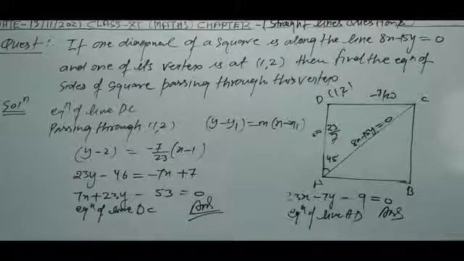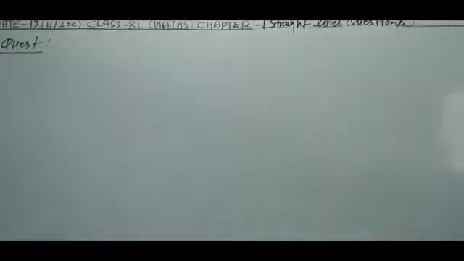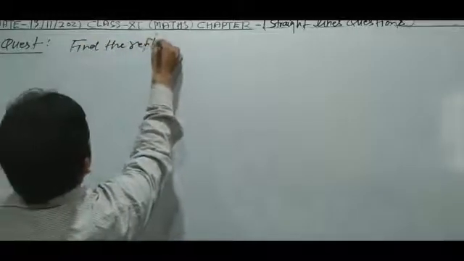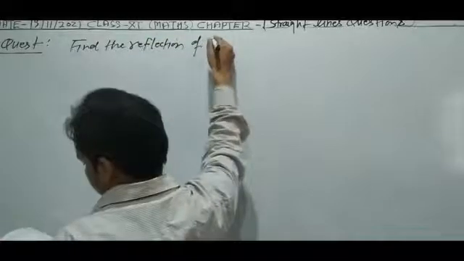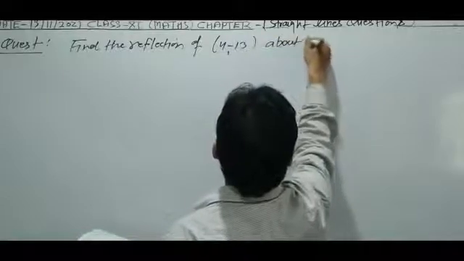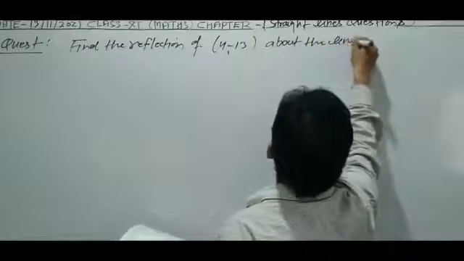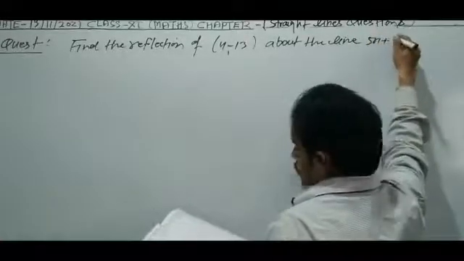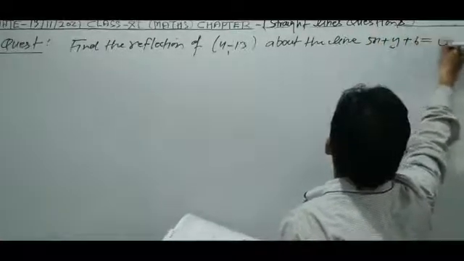The next question, question number 2, is: find the reflection of (4, minus 13) about the line 5x plus y plus 6 is equal to 0.